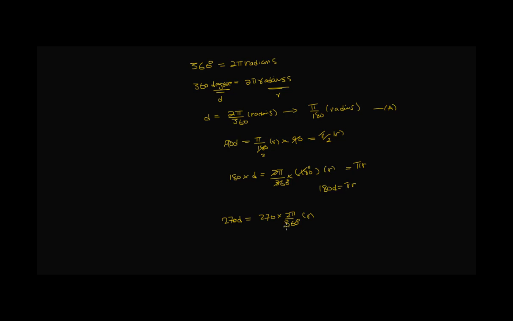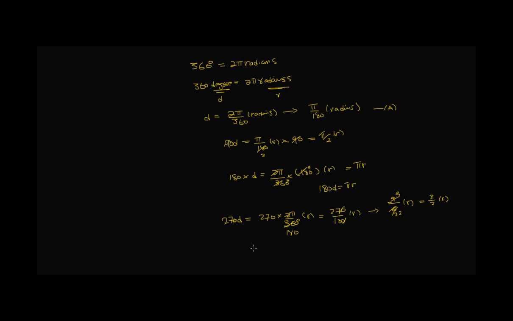If we do a bit of algebraic manipulation and simplify, dividing numerator and denominator by 180, we get 3 pi by 2 radians. So 270 degrees is going to be 3 pi by 2 radians.